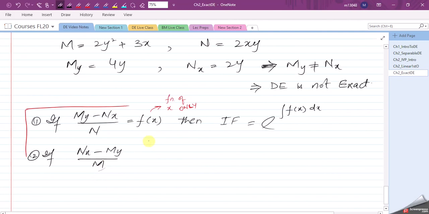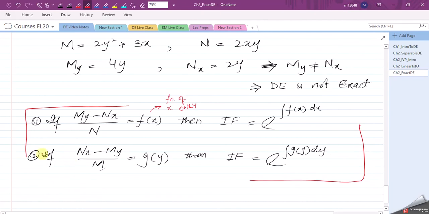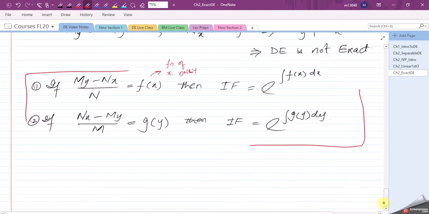Here, m is being divided. Okay. And also here we have a function of y only. Then if equals e power integral g of y dy. There are actually many more possibilities in the books, maybe 10 of them or more even, but in this course we will do only 2 of them.